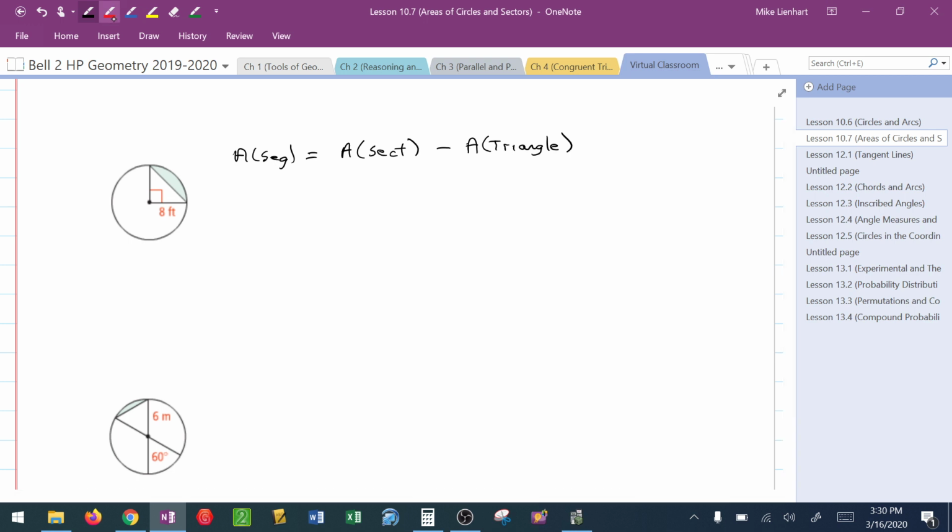In this problem, I know it has a radius of 8. So I can find the area of the sector. This is 90 degrees out of 360 times pi times the radius squared. And that should give me the area of the sector. I'm going to subtract from that the area of the triangle.